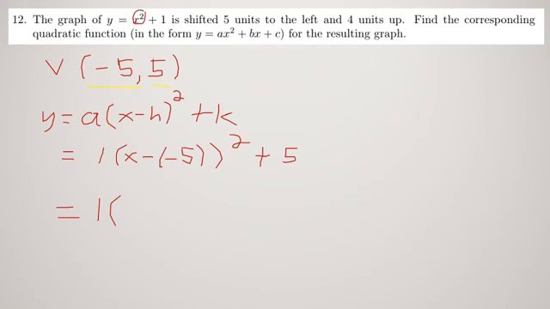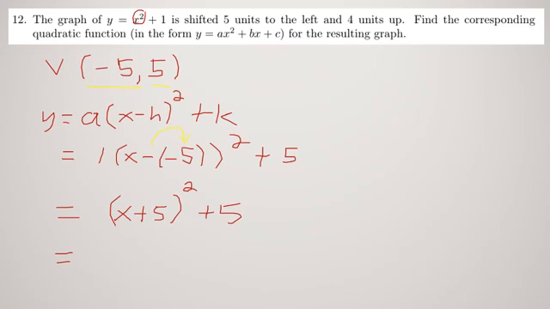X minus negative 5 is, so negative times negative, magiging positive. Plus 5 equals 1 times (x plus 5) squared, same pa rin. So, pwede nating 1 times any number is that number. So, pwede wala na yan.